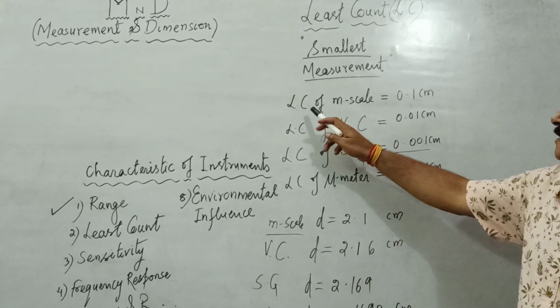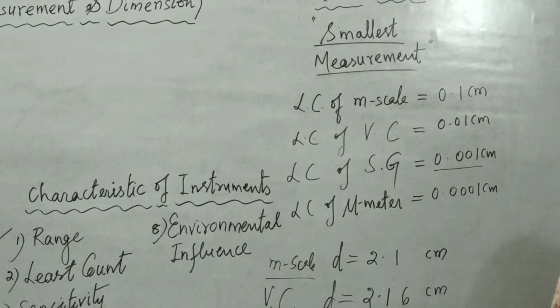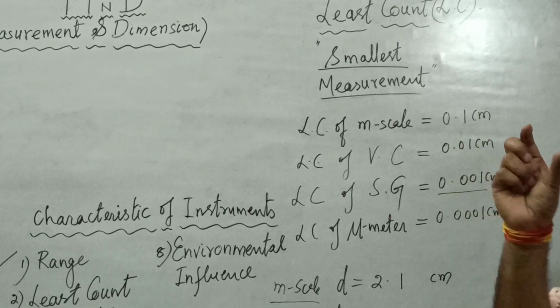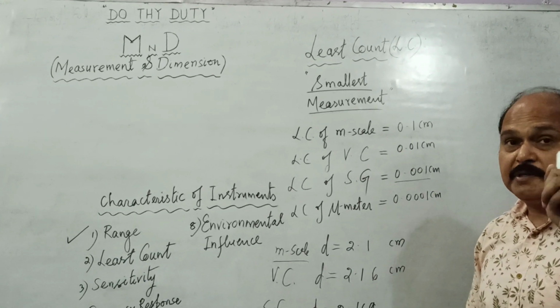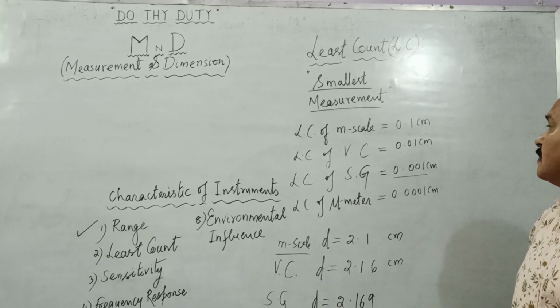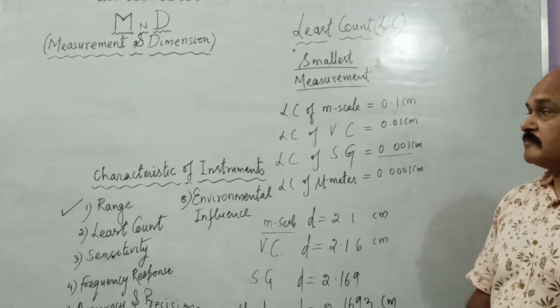Well, right now let us see the least count of meter scale, the scale which is in your pencil pouch. It is 0.1 centimeter. See, in 1 centimeter there are 10 divisions, every division is 1 millimeter, and that 1 millimeter is the smallest distance that can be measured by the scale. That smallest distance is 0.1 centimeter or 1 millimeter.